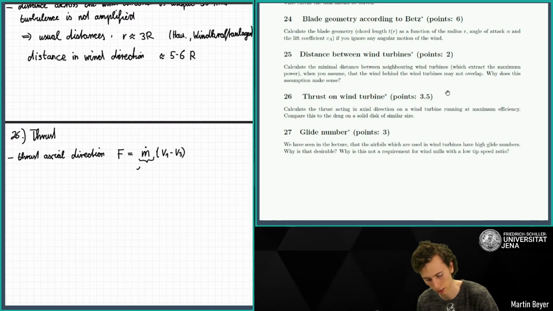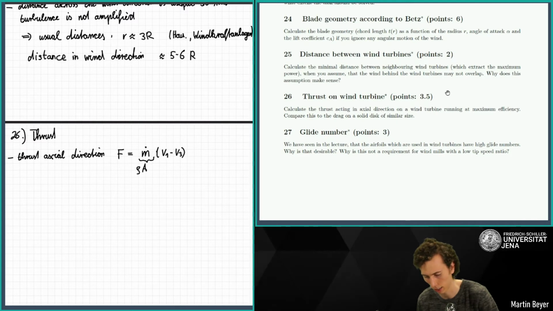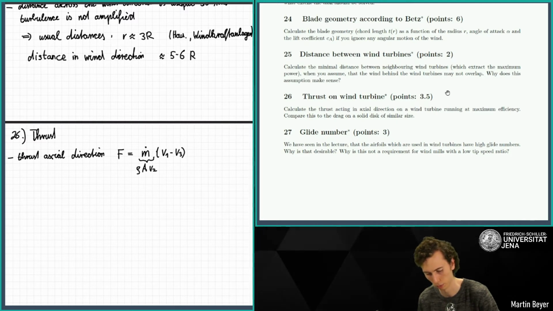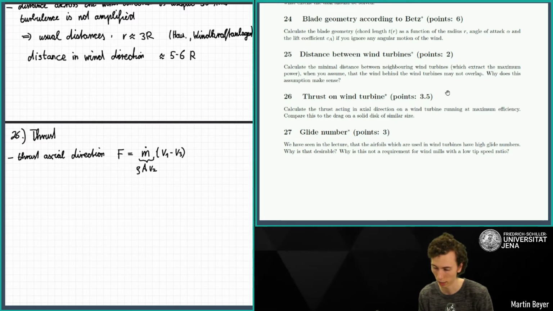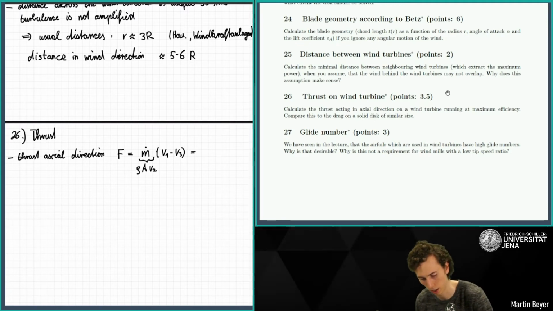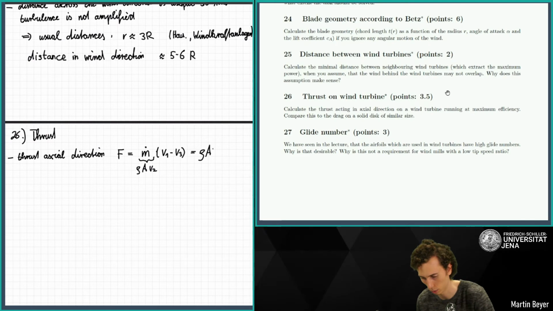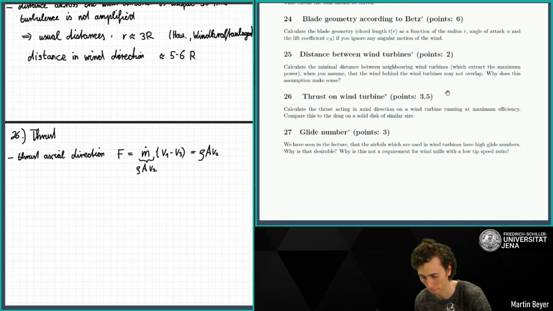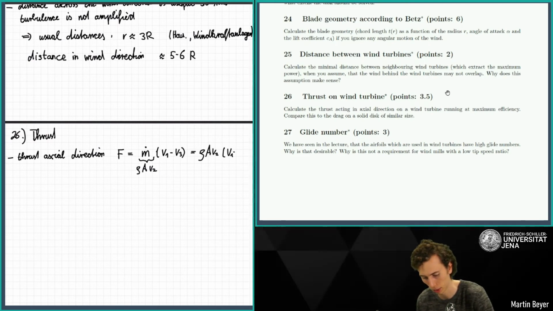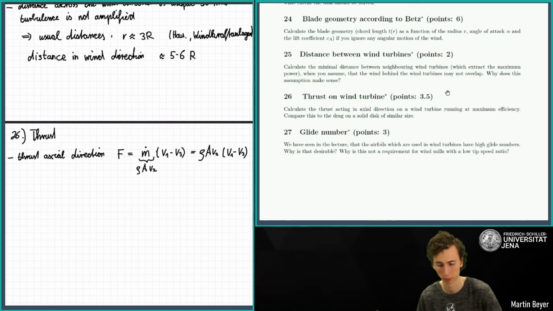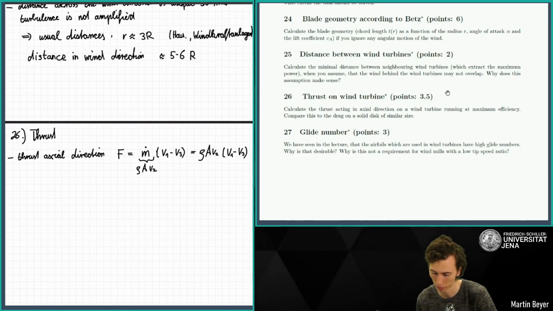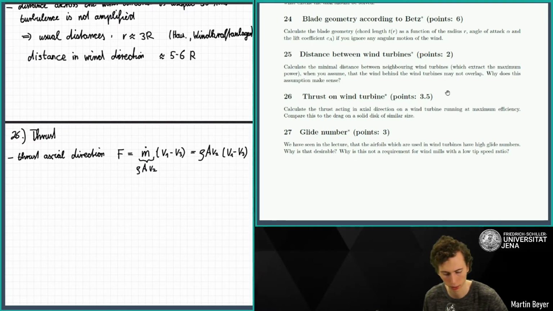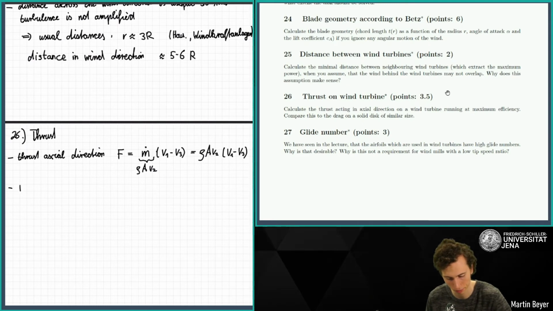And we can rewrite this again as rho times A times V2 times V1 minus V3. Okay. And now again, assuming maximum efficiency.